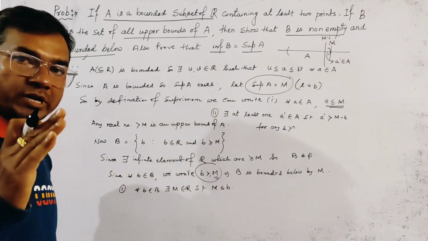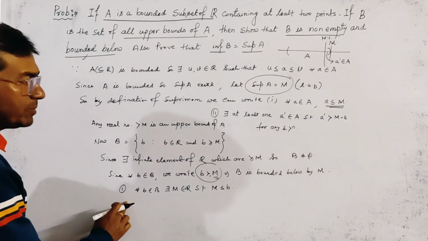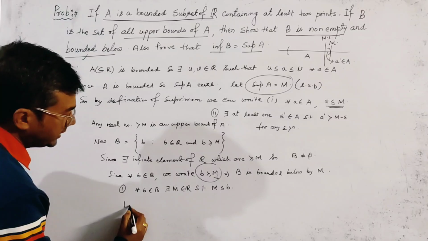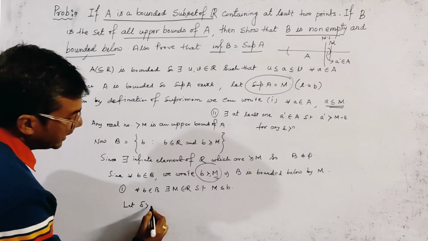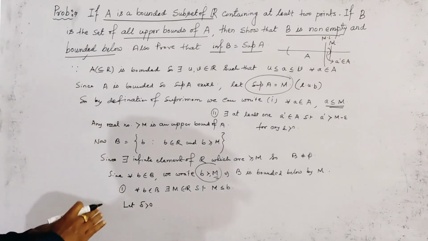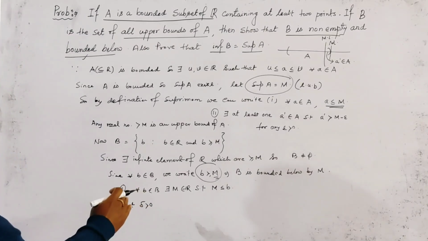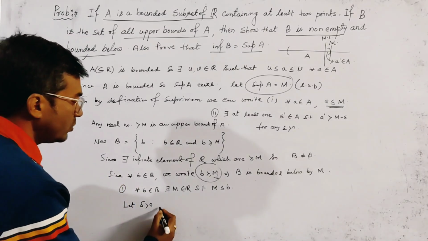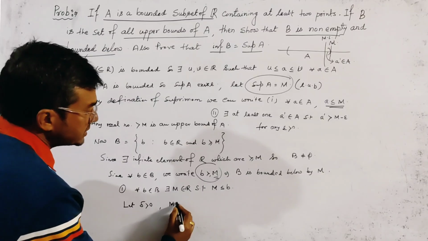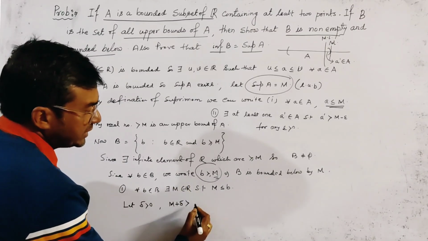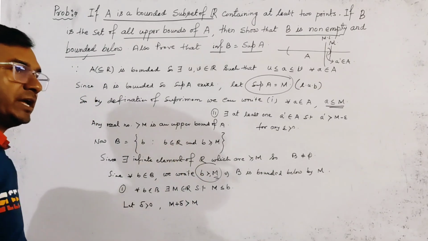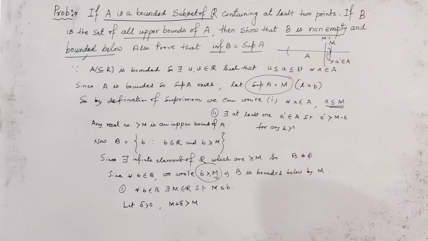Okay, this is the first property of infimum. Now before writing the second property of infimum, we let delta be any positive number however small. Since delta is any positive number however small, M plus delta is obviously greater than M, right? Since delta is greater than 0.